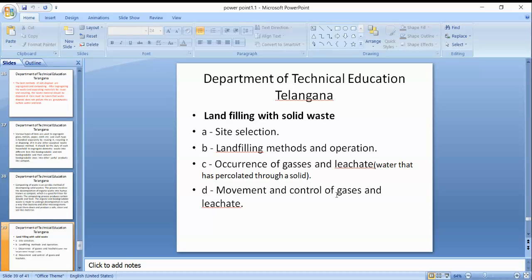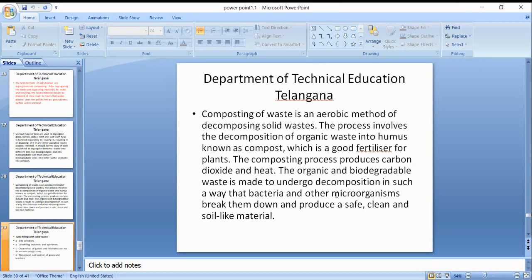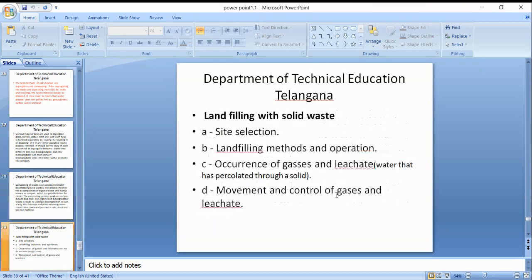Next comes landfilling methods in disposal. In landfilling, we have to select the site and fill the land; the methods and operations are covered in the coming chapters.